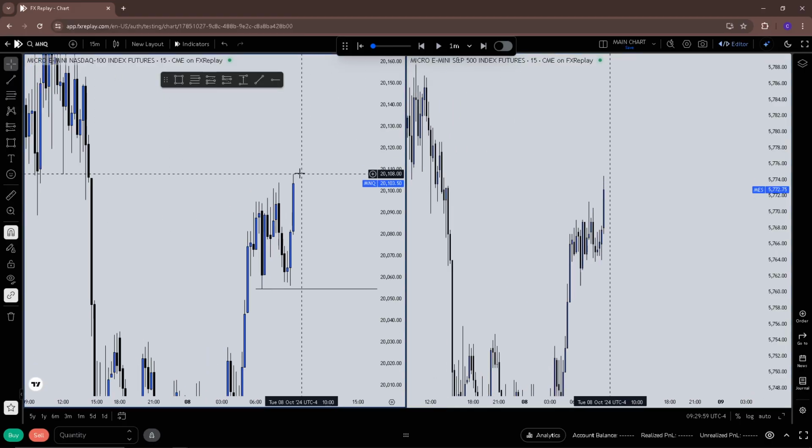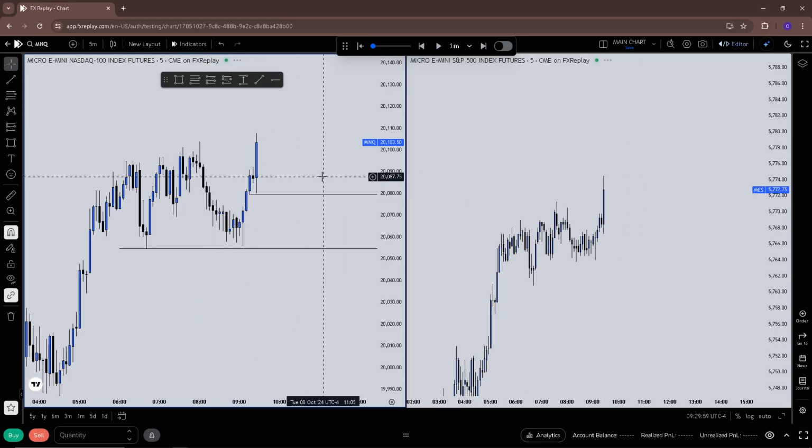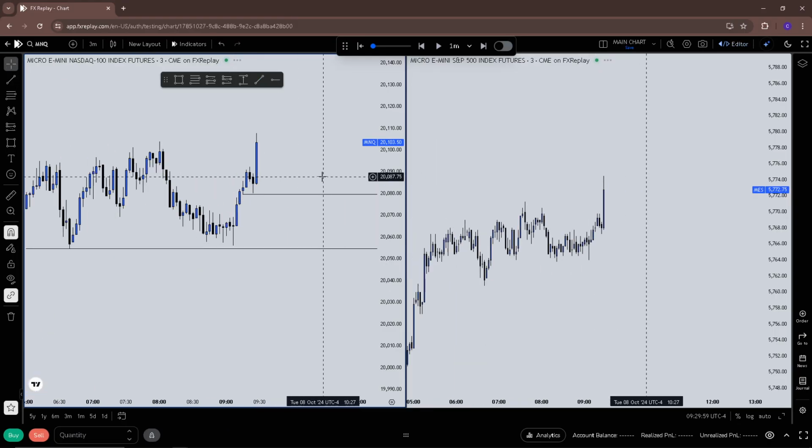We did just take out these highs. Unfilled 15-minute.